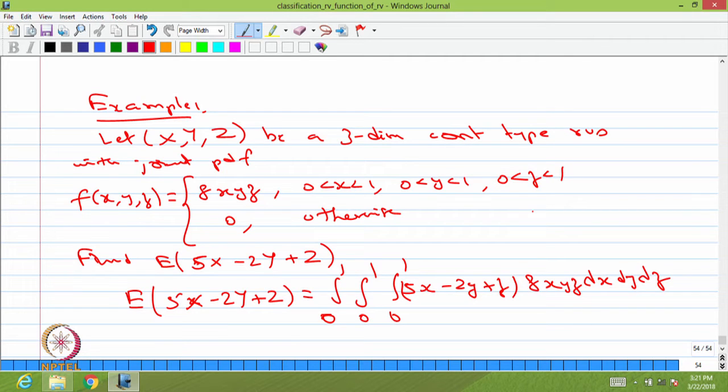You can do the integration and you can get the value. That value is 8 divided by 3. Fine. So this is a very simple example in which we are finding the expectation of a function of a random vector. Now we will move into the next definition.